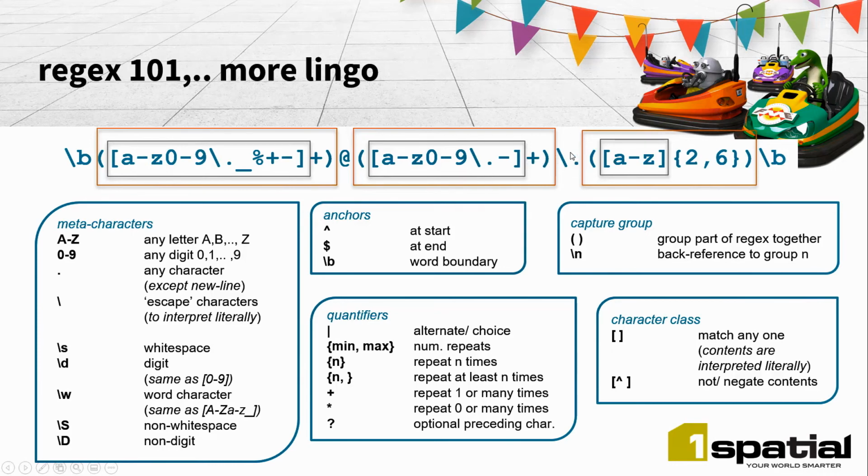And then a dot, and the backslash is used here to escape the dot, so to treat it literally. And that's because the dot has a special meaning in regex. And again, more text, so letters only this time, and they're repeated 2 to 6 times. So again, more brackets, curly brackets this time, and they're used to denote quantifiers.